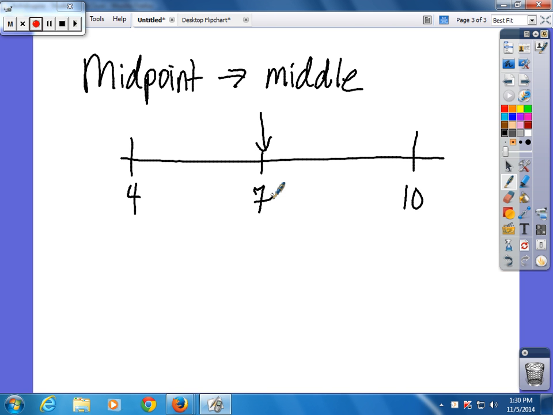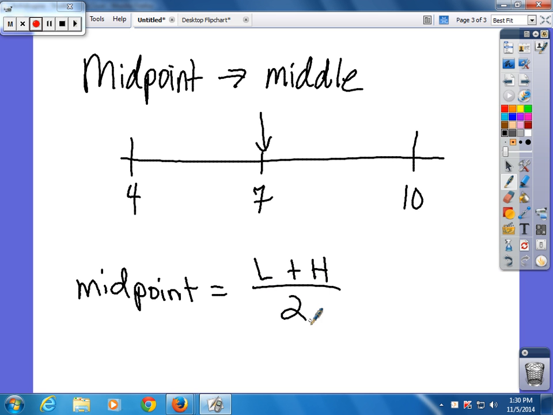Another way is to use the midpoint formula. Midpoint is equal to your lowest number plus your highest number divided by 2. You're taking the average is what you're doing.